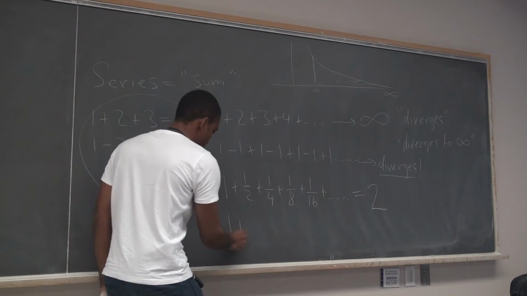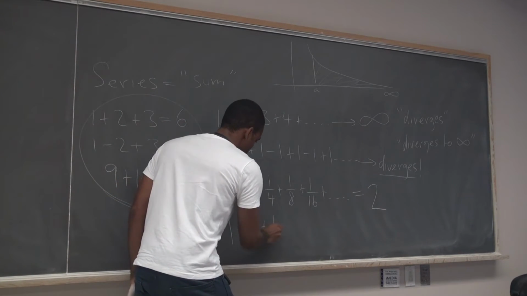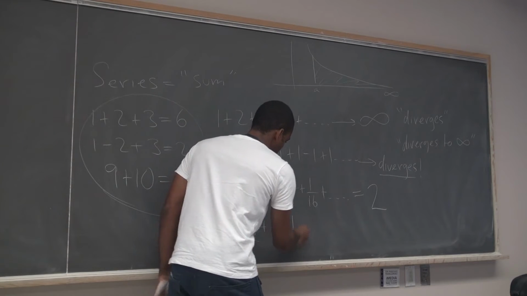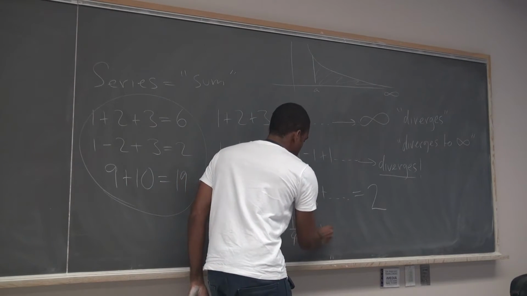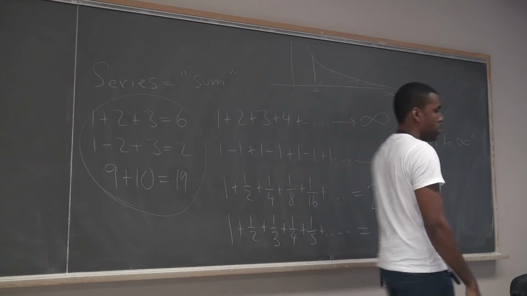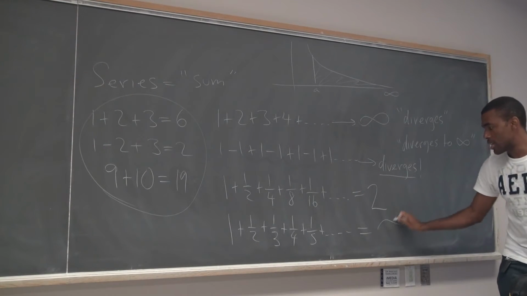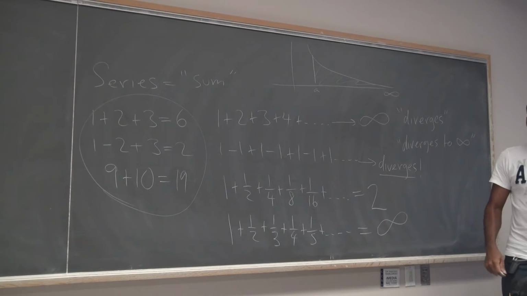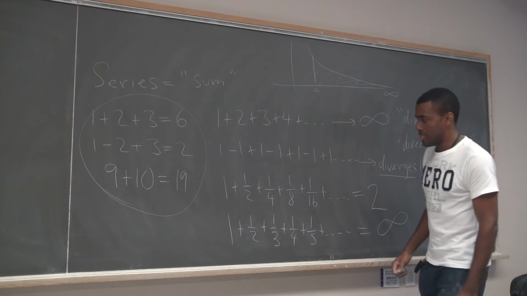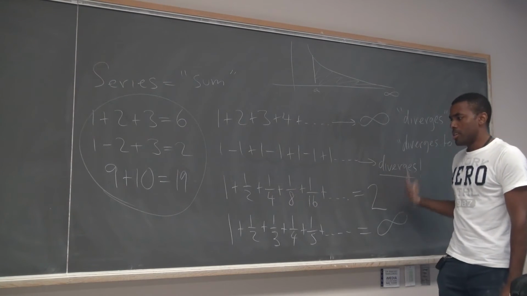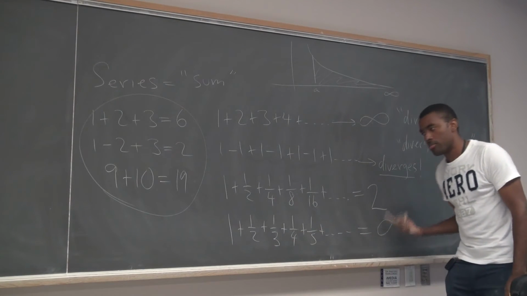For example, if I had 1 plus a half, plus a third, plus a fourth, plus a fifth, it might look very similar to the one above, but it turns out that this one diverges to infinity. So we're taking fractions, doubling the denominator. Here, the denominator is still increasing, same thing.